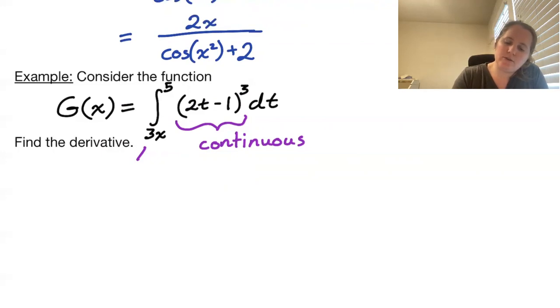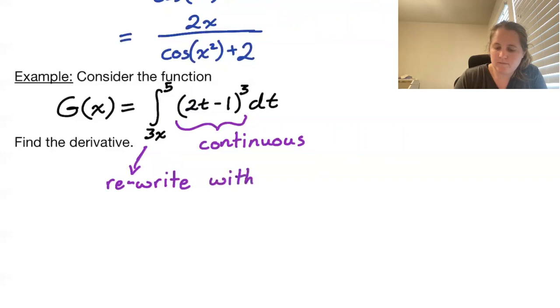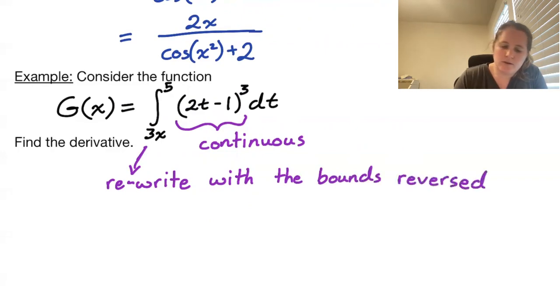So what we can do is go ahead and rewrite this integral with the bounds reversed. If we reverse the bounds, the integral becomes negative.